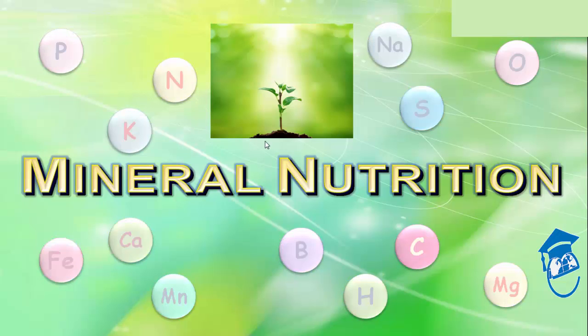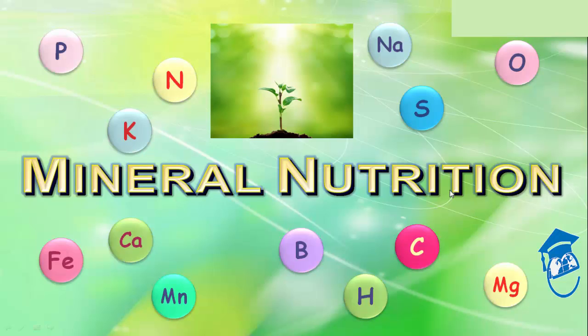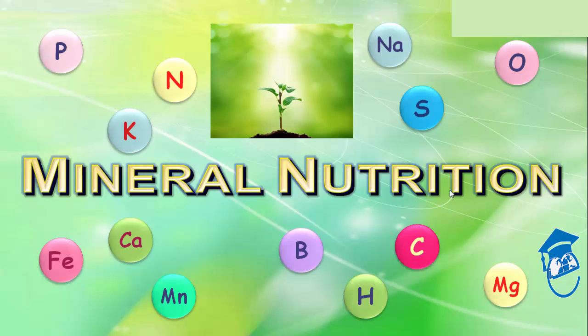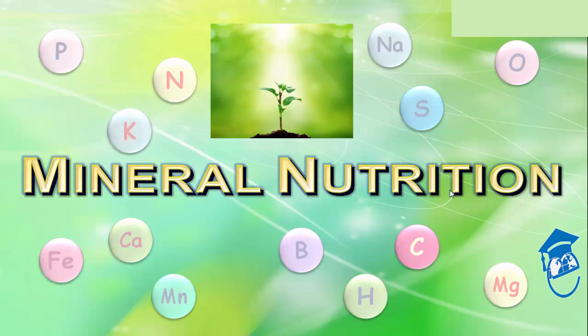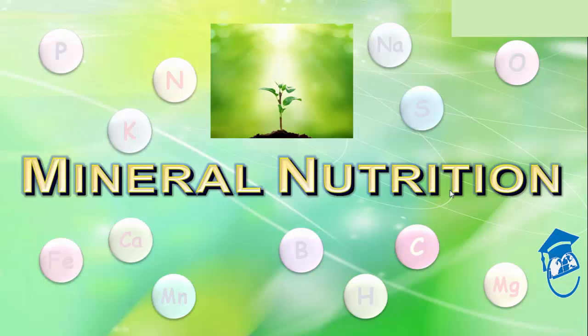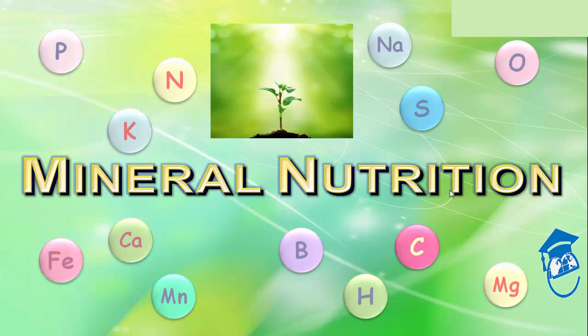But this chapter, that is mineral nutrition, focuses mainly on inorganic plant nutrition, wherein you will study the methods to identify elements essential to growth and development of plants and criteria for establishing the essentiality of these inorganic molecules.